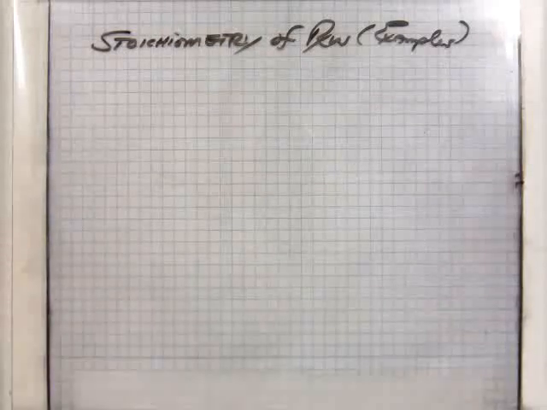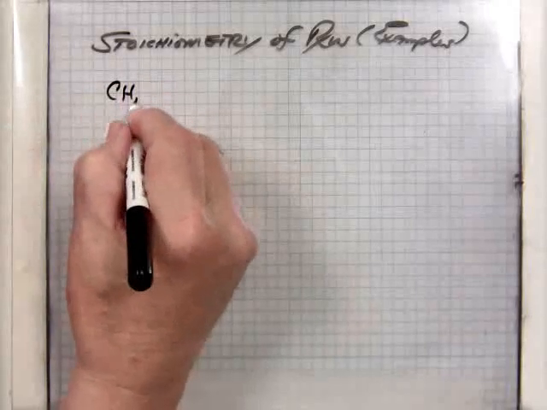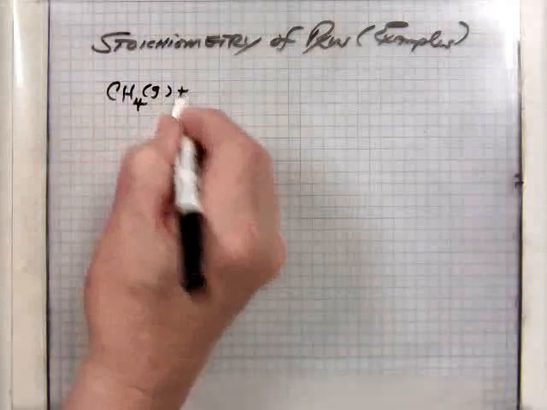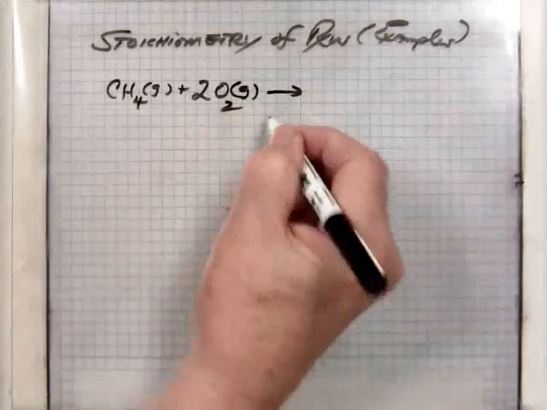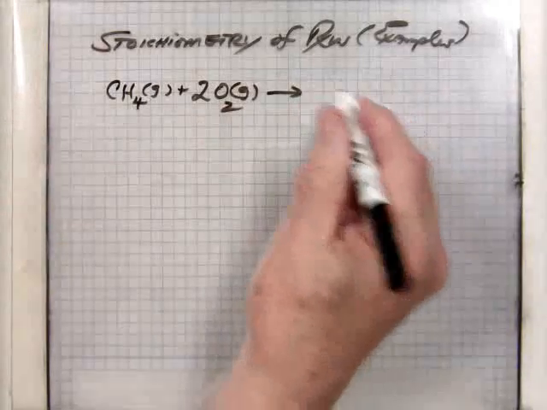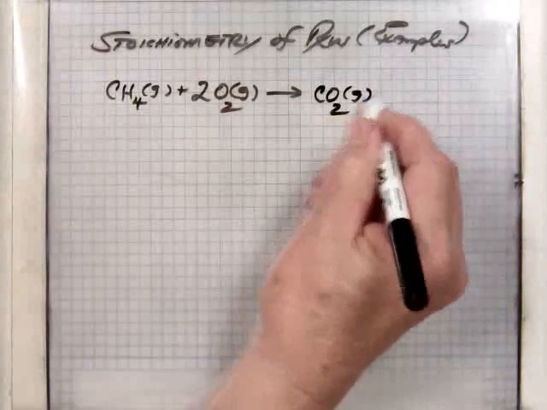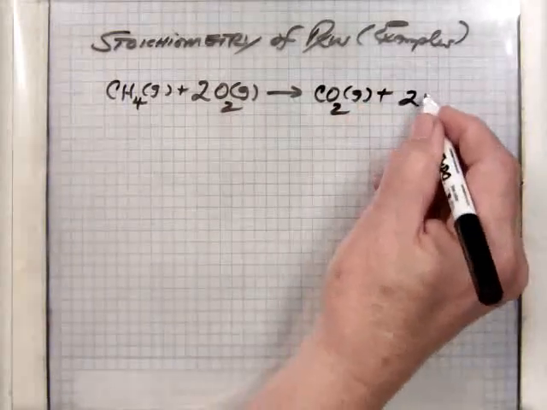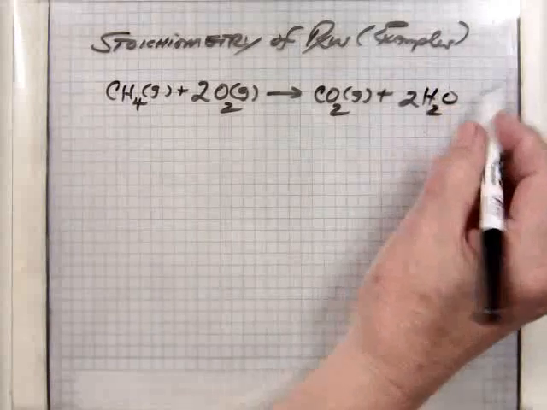Let's start with a simple reaction, a combustion reaction. Methane gas reacts with 2 moles of O2 gas to produce 1 mole of CO2 gas and 2 moles of either water vapor or liquid. You can list it either way.